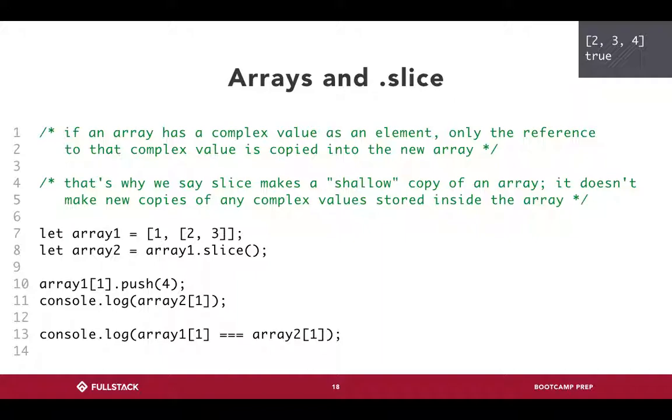What about the index 0? Is array 1 at index 0 equal to array 2 at index 0? Yeah, so if we're looking at this and we're looking at this, they're not the same number 1. But when we compare primitive values, we say, is this the same data type?